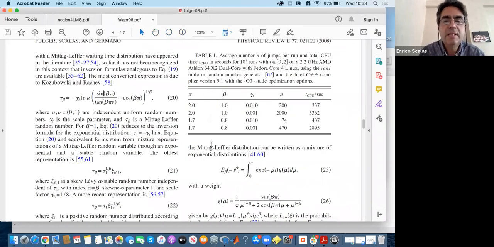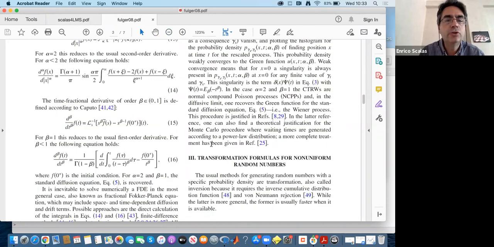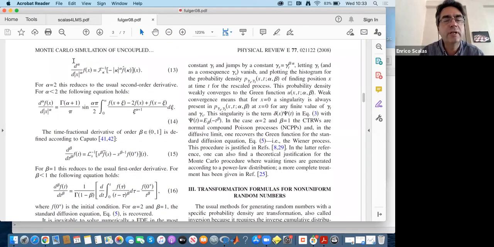So what is the Caputo derivative? What is the fractional Laplacian? First of all, the fractional Laplacian is an operator with symbol minus k to the alpha. So the Fourier transform of this derivative here is minus k to the alpha times the Fourier transform of the function f, the function in the domain of the operator.